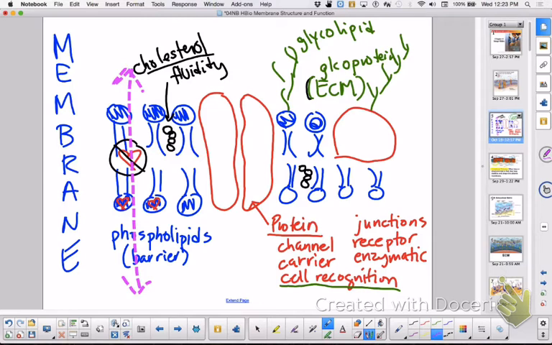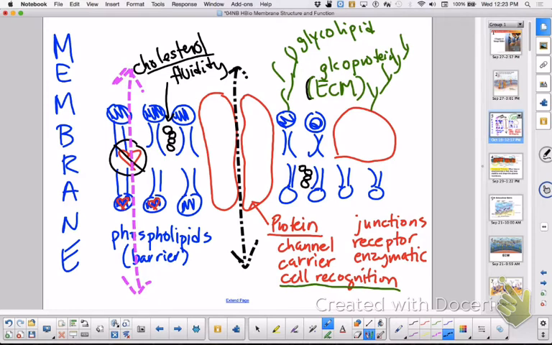Okay, what's the second way you can go? Through the proteins. Okay? So there you're either using a channel or a what? Carrier. Or it can be what? Whole membrane. Remember? Endocytosis and exocytosis.